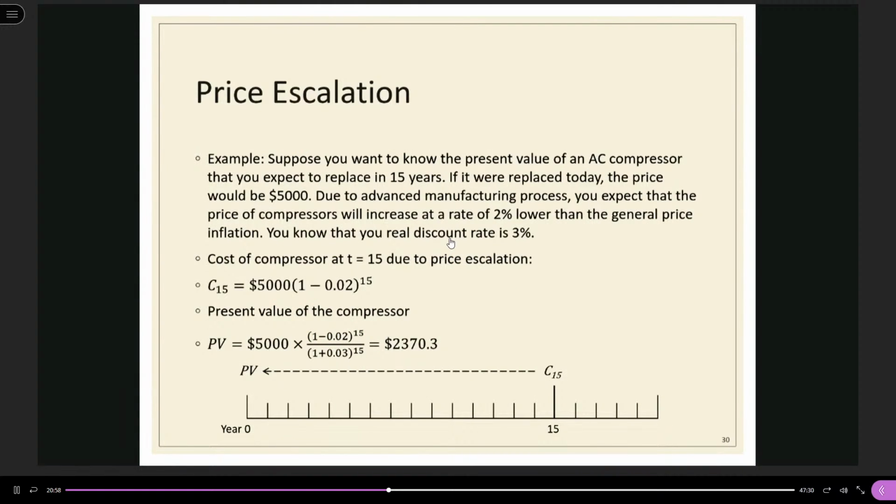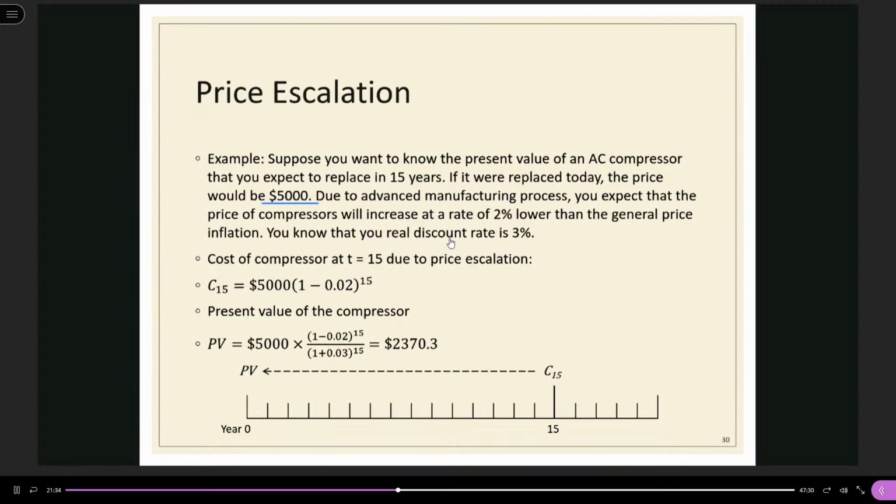Suppose you want to know the present value of an AC compressor that you expect to replace in 15 years. If it were replaced today, the price would be $5,000. Due to an advanced manufacturing process, you expect the price of the compressor will increase at a rate 2% lower than the general price inflation.